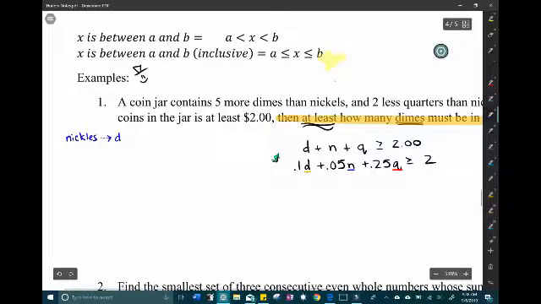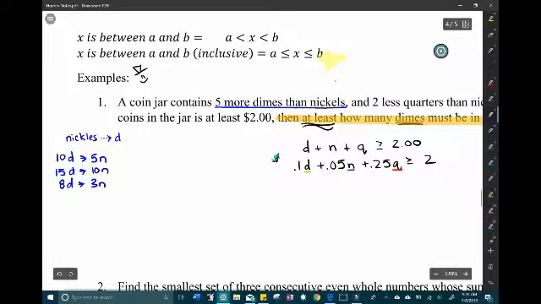Let's just look at our statement. We have 5 more dimes than nickels. Okay, so let's think about this. That means if I have 10 dimes, that means I have 5 nickels. If I have 15 dimes, I have 10 nickels. If I have 8 dimes, that means I must have 3 nickels.